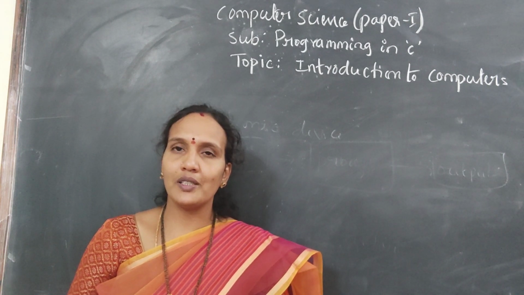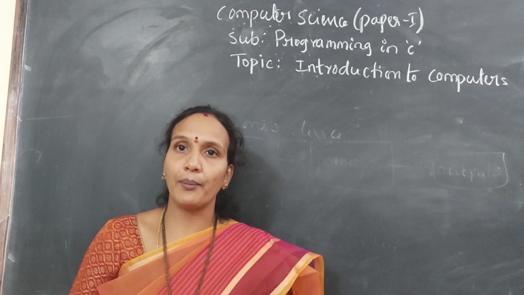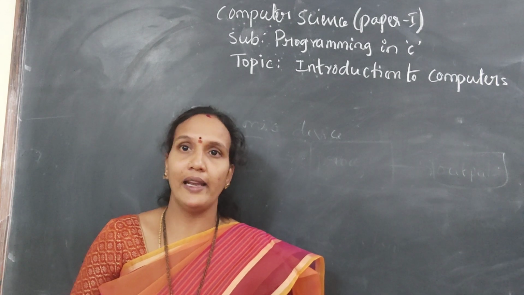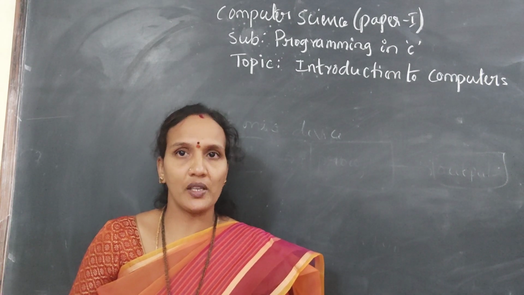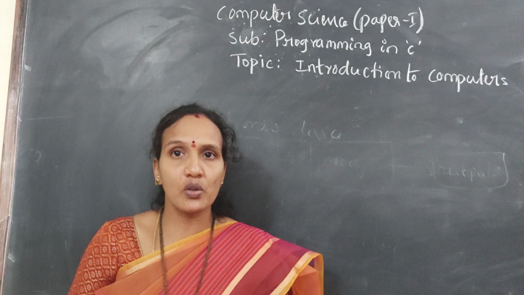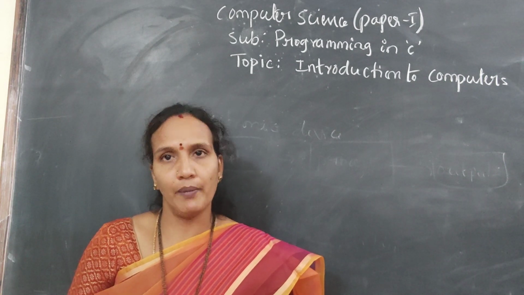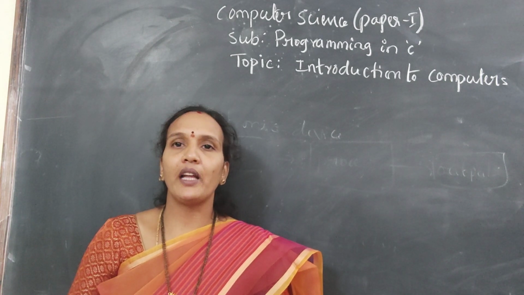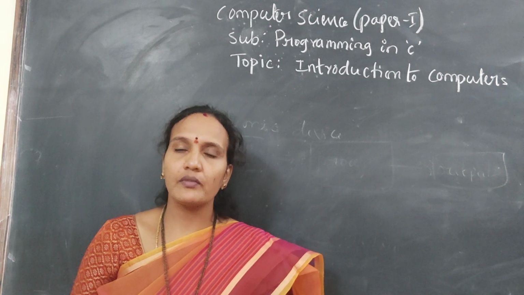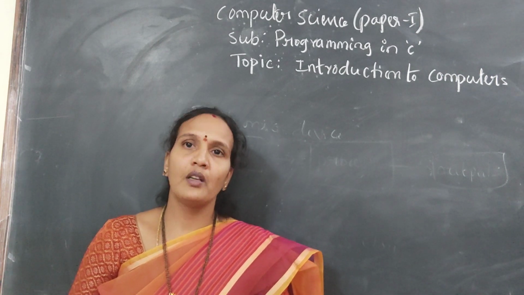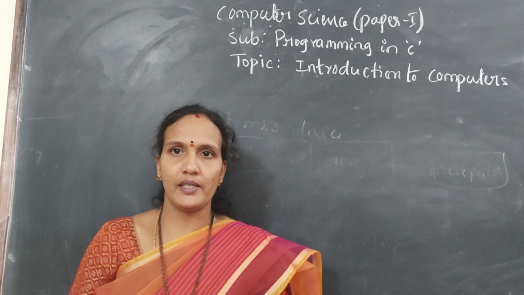So this is about your computer. A computer is an electronic machine. It will process the data based on the instructions given by the user, and after processing the data, it will produce the result on the output devices.